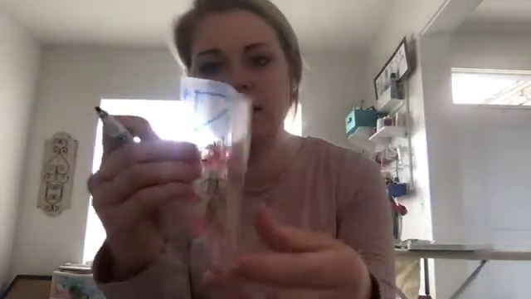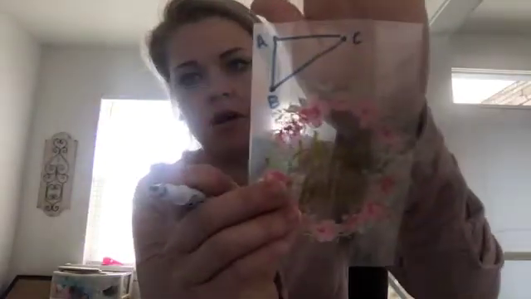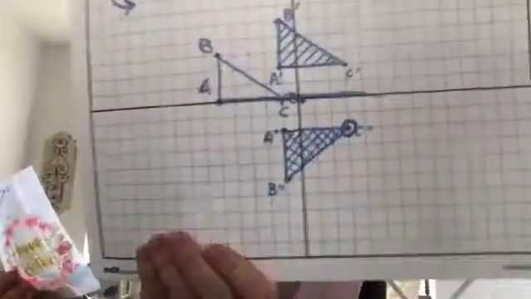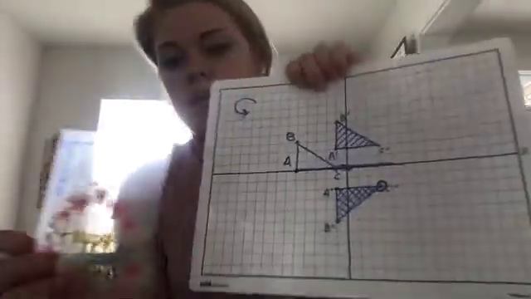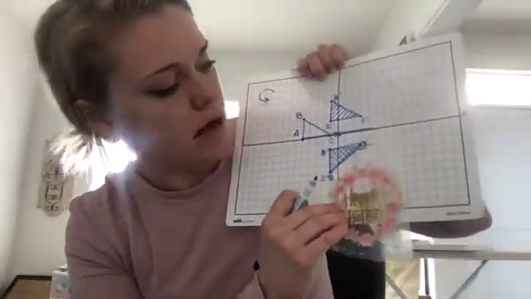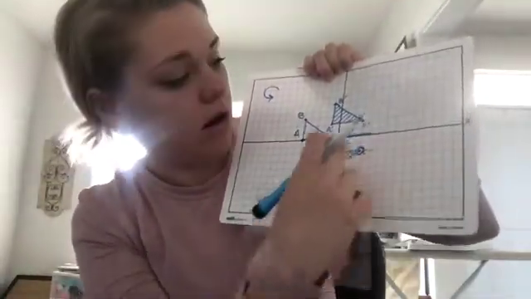It's exactly the same triangle as what I have on our board. So now I'm rotating it 90 degrees counterclockwise. So I'm going to put this on top and I'm going to rotate it on that point.